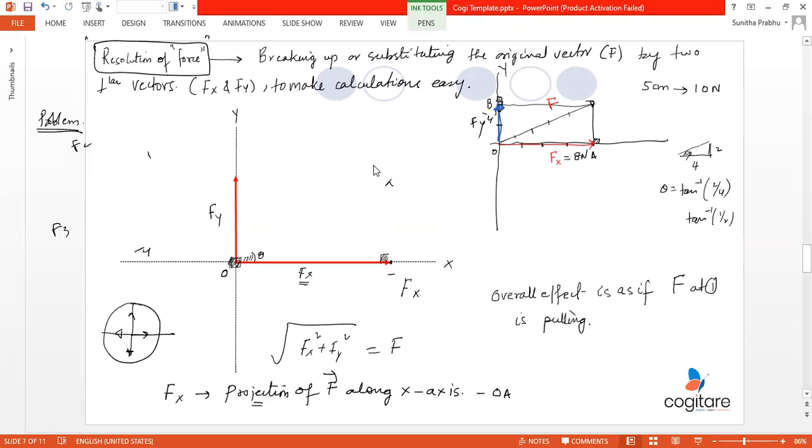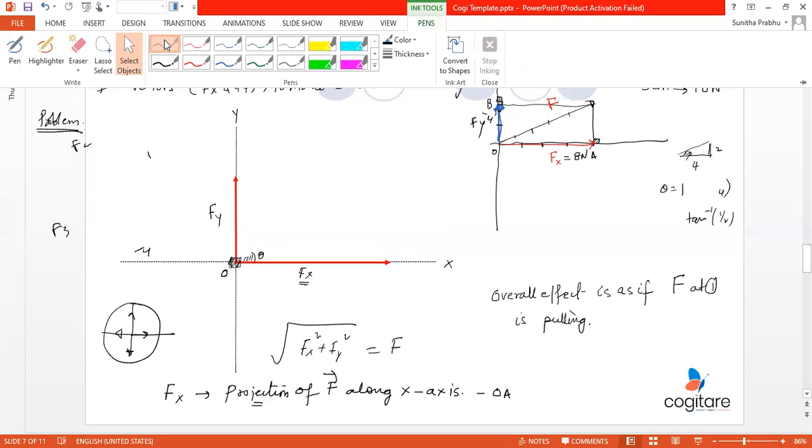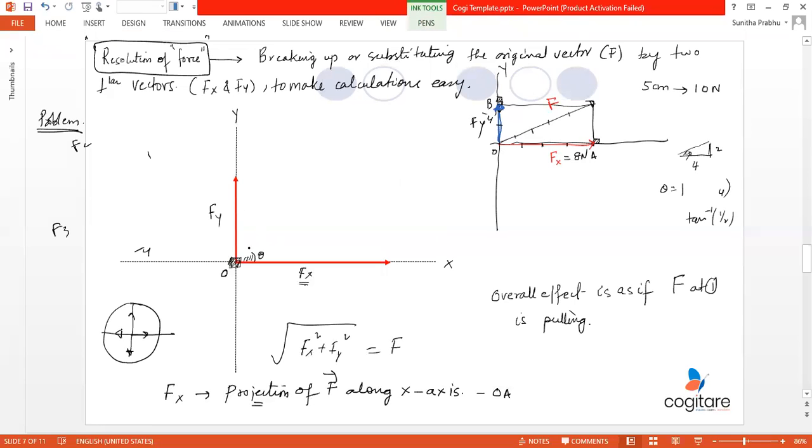So what happens is, supposing these two forces pull for 5 minutes, the body will move in this way. Under the influence of both the forces, the object they are pulling is going to move. If the original force had pulled this body, it would move exactly the same way.